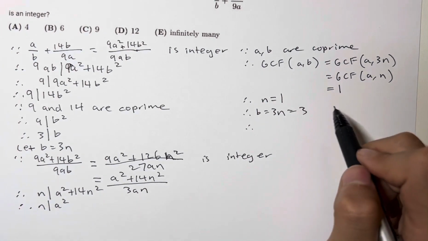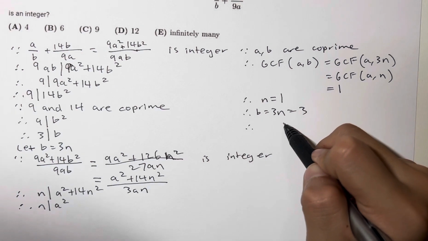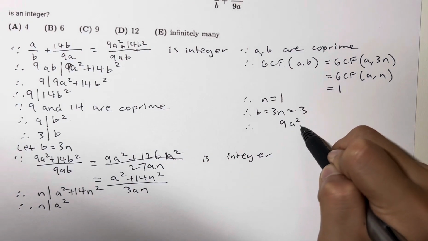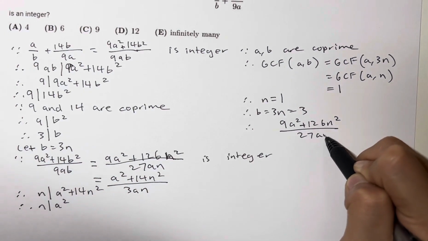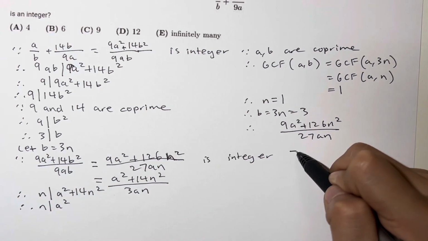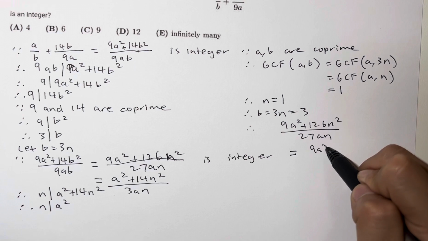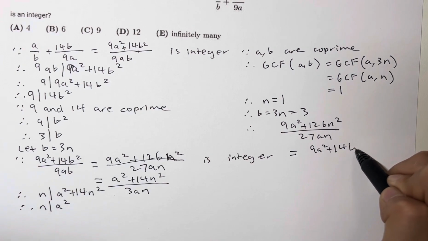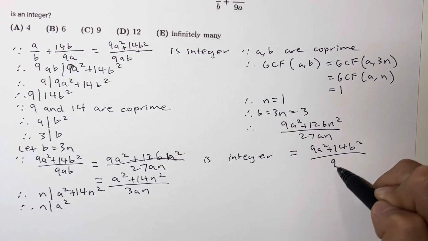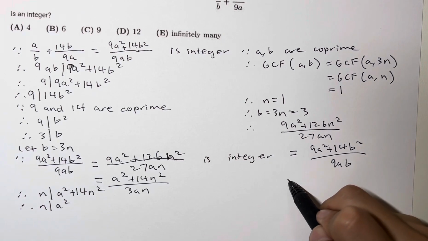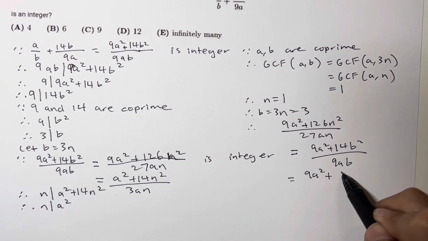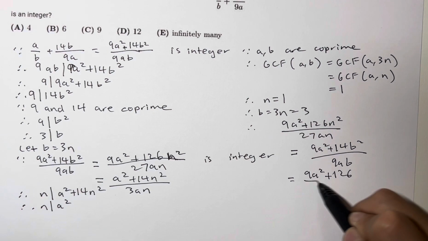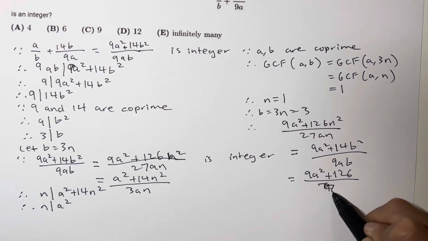So 9a squared plus 14b squared over 9ab, which is 9a squared plus 126n squared over 27an, will equal 9a squared plus 126 over 27a.